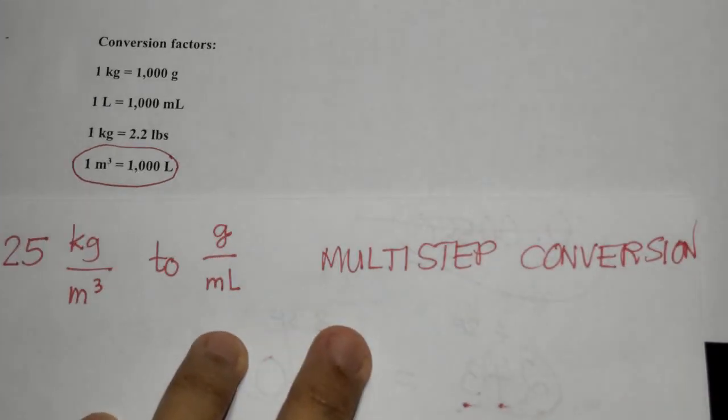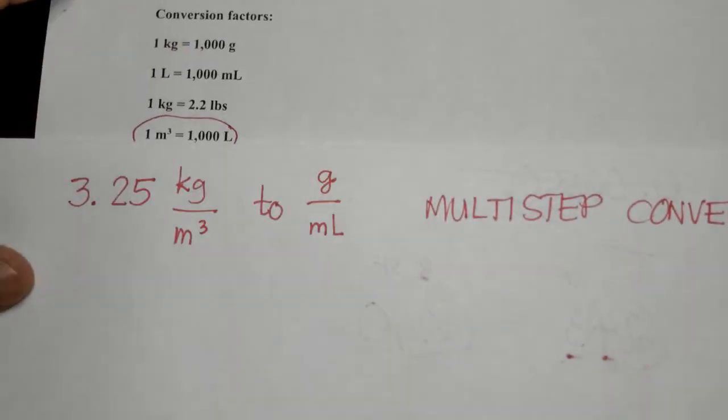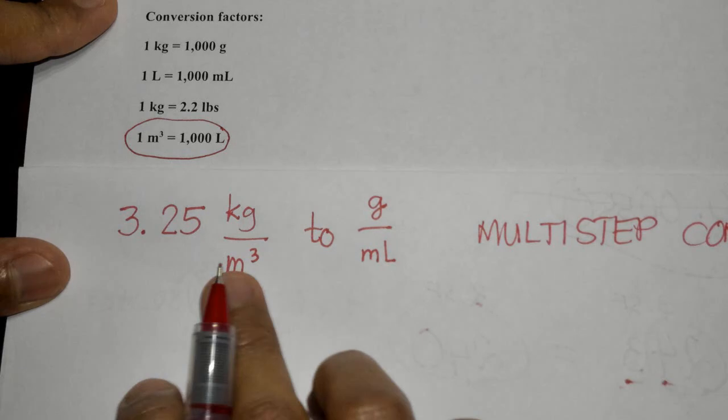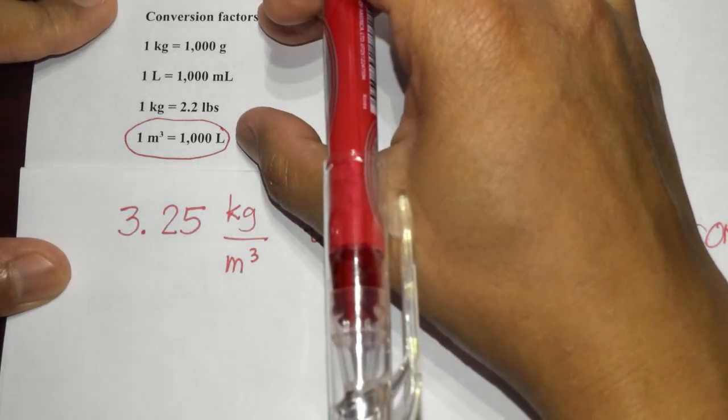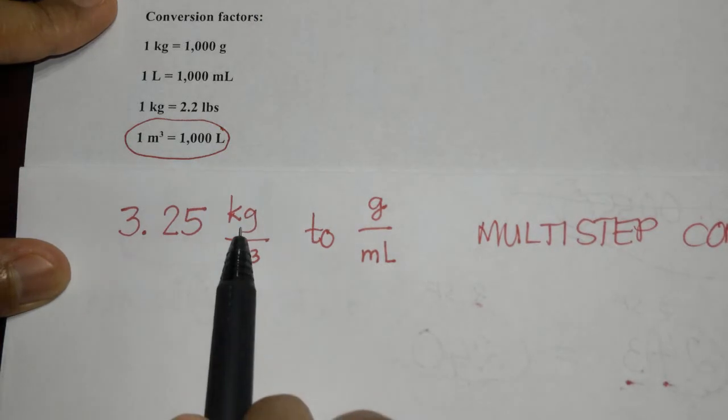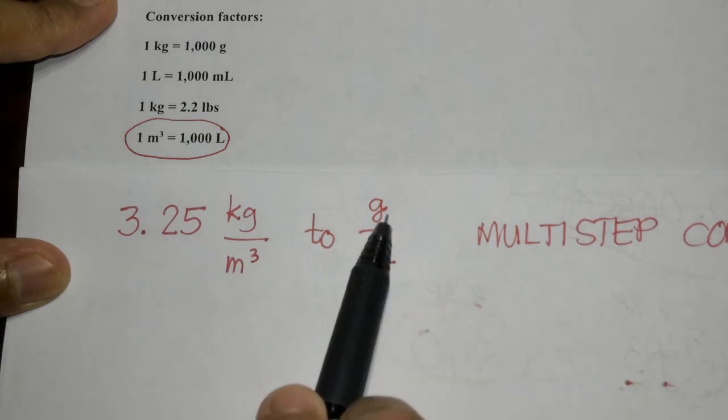So multi-step conversion. How do we do multi-step conversion? The steps are the same. First, examine your units and pick conversion factors you're going to use. Okay, let's examine our unit. First is a kilogram. And I have to make the kilogram numerator to a gram numerator still.